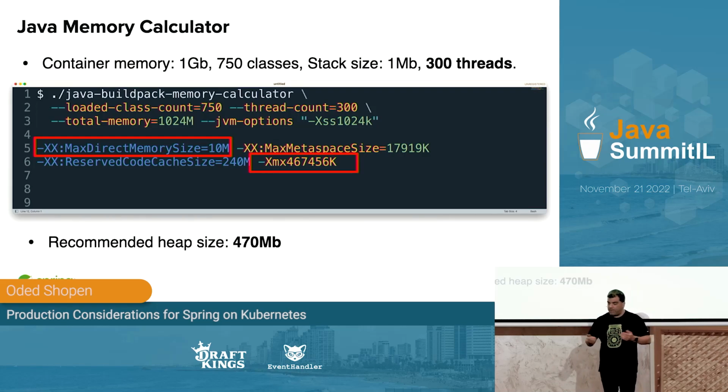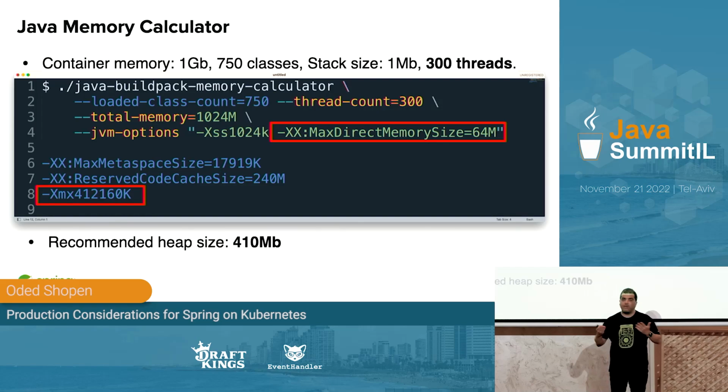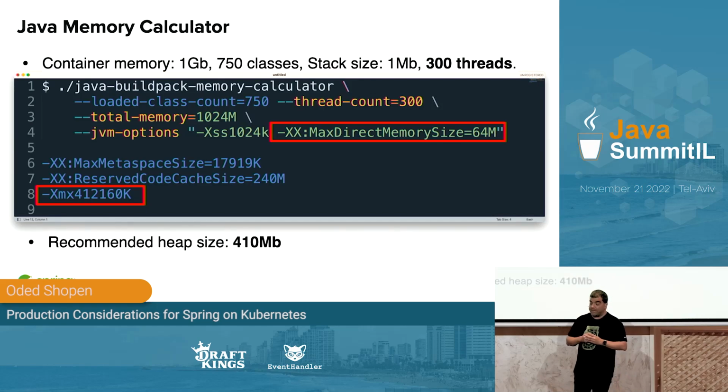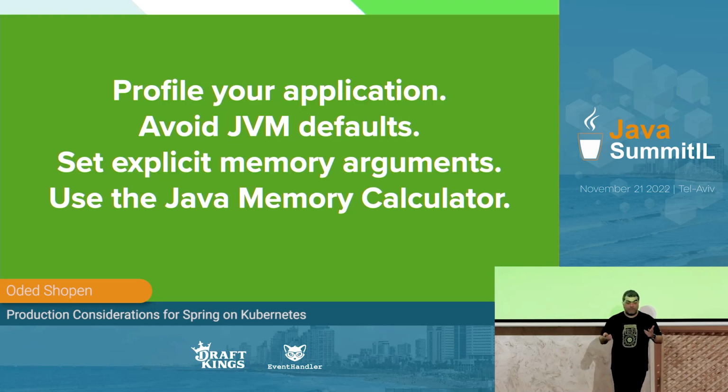So I'm going to say that, after profiling, I'm going to use around 64 megabytes of direct memory. So now my recommendation is 410 megabytes for the heap itself, which is probably low. Maybe I should consider increasing my container memory at this point, right? So, profile your application, very important.